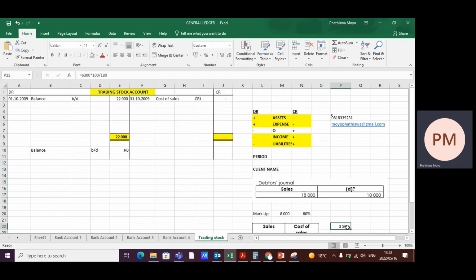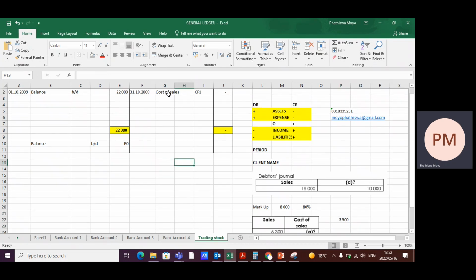So you take the 8,000, you divide it by the cost of sales, which gives you 80%. Then you say 6,300 times 100 divided by 180, because you're working out the cost of the sale, the inventory that was used to match the sale.